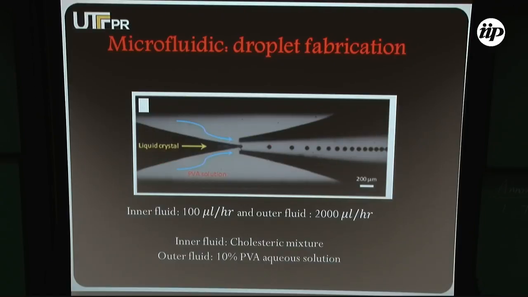One is the liquid crystal mixture, which is composed of a nematic doped with a chiral dopant that is photosensitive to light, and the other fluid, which we call the outer fluid, is just water with PVA. There are two reasons why we use PVA. One is so the molecules in the droplet anchor planar. People have known for a long time that PVA induces planar anchoring, and also PVA helps to stabilize these droplets. Usually 10% of PVA.